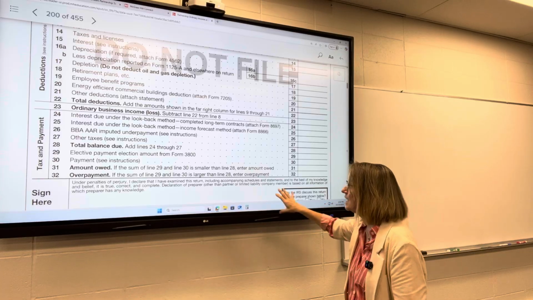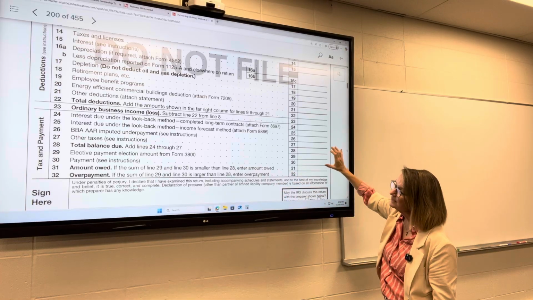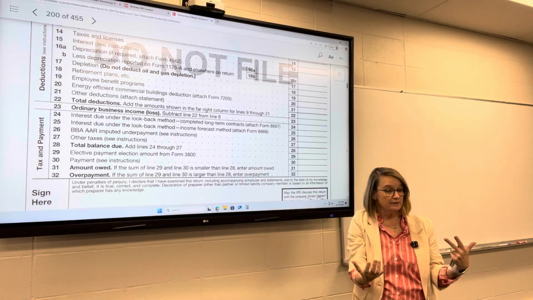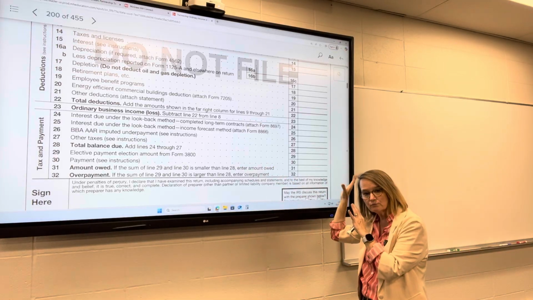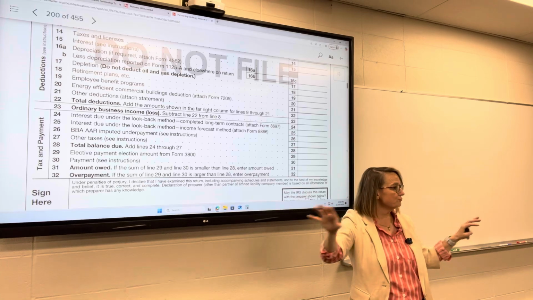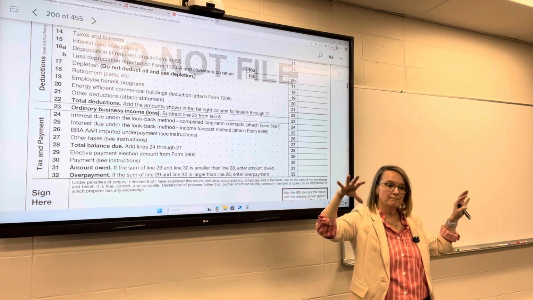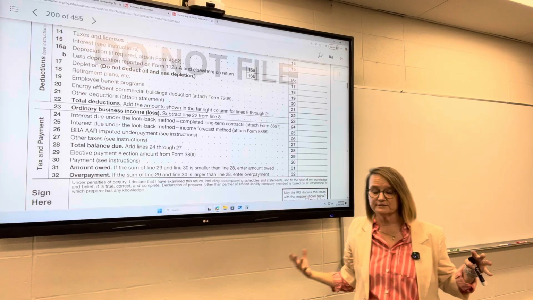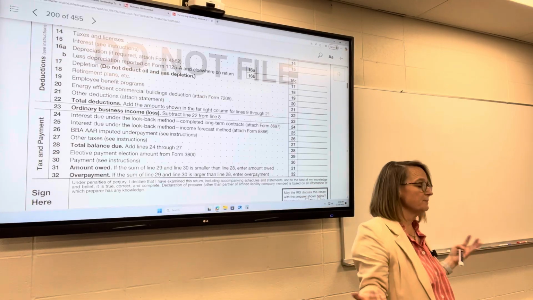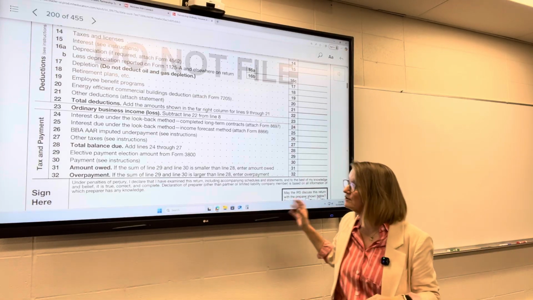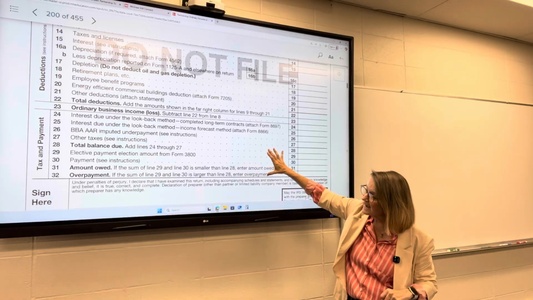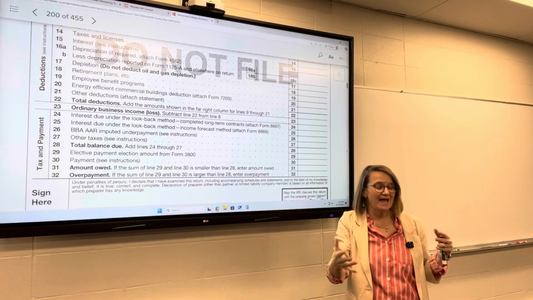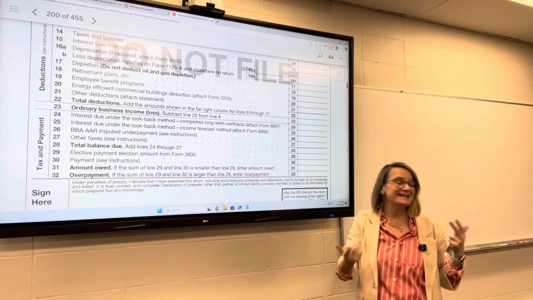tax accounting rules. There is a spot here if there is any tax due. Now remember, the ordinary income is going to flow through to the partners based on their ownership percentage. All of those other separately stated items, same thing, it's going to flow through to the partners based on their ownership percentage. There are some other taxes that may be due to the IRS, some excise taxes, but they're not income taxes.